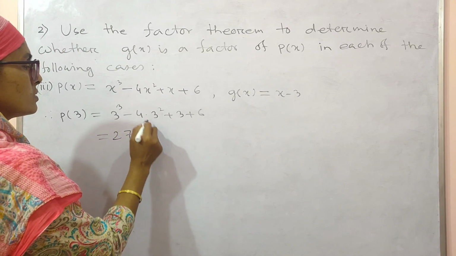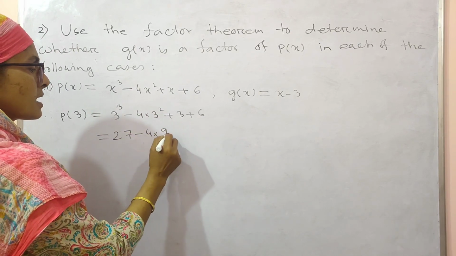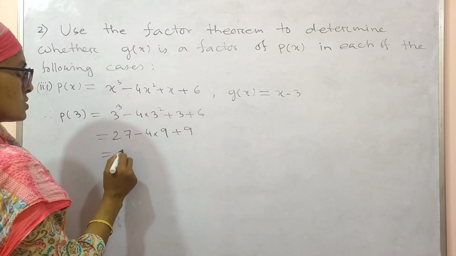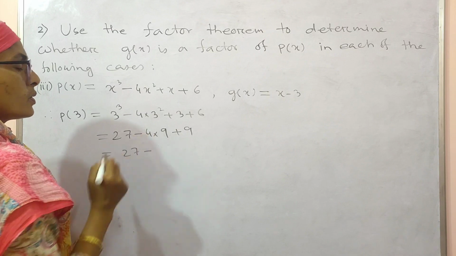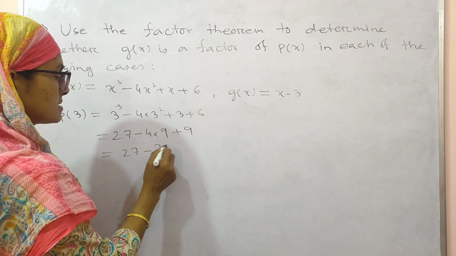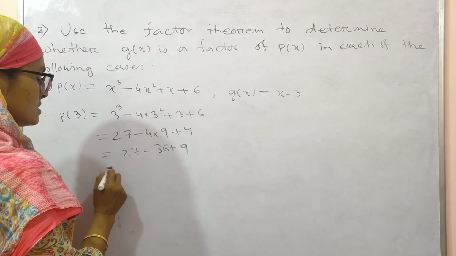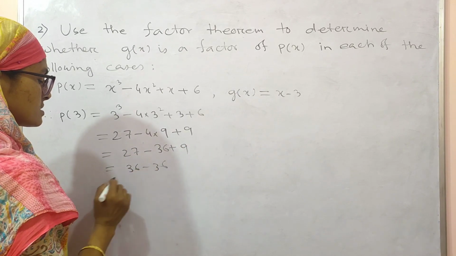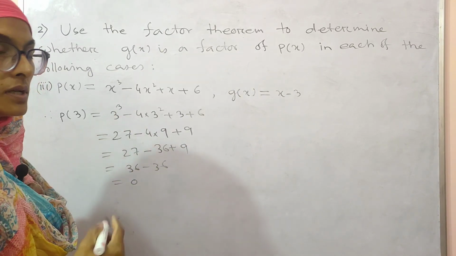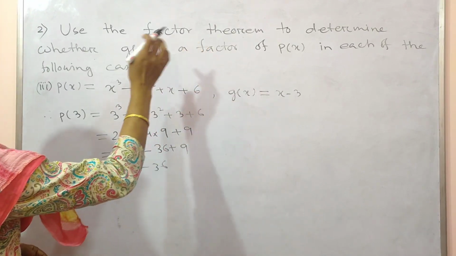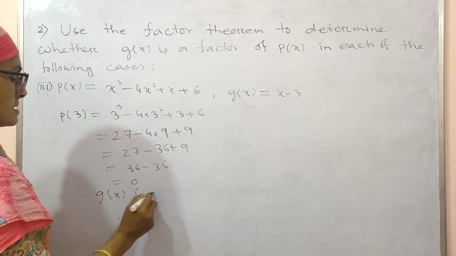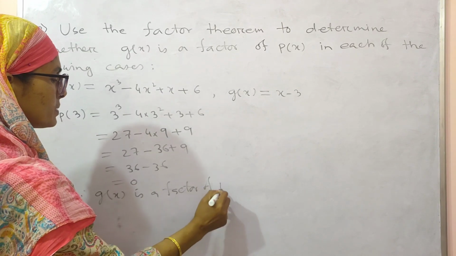Minus 4 into 3 square means 9. Plus 3 plus 6. So 27, 4 into 9, 36, plus 9. So 27 plus 9 you will get 36, minus 36. So you will get 0. So if you get 0, then this is a factor of this. Therefore, g(x) is a factor of p(x).